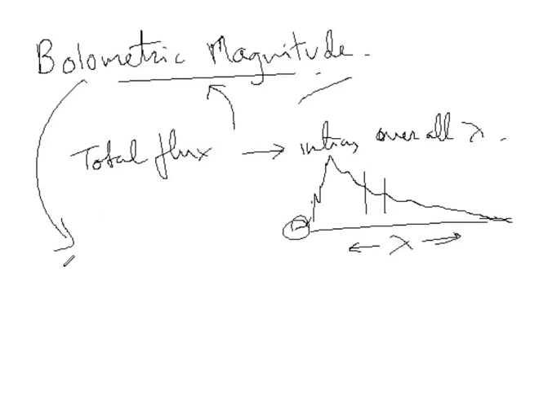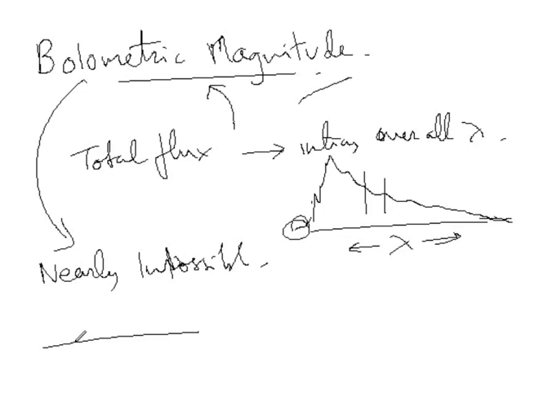Let me repeat this again: it is basically impossible to observe the entire spectrum of the star, and that's why it is useful to define a magnitude for a particular given portion of the electromagnetic spectrum, right?